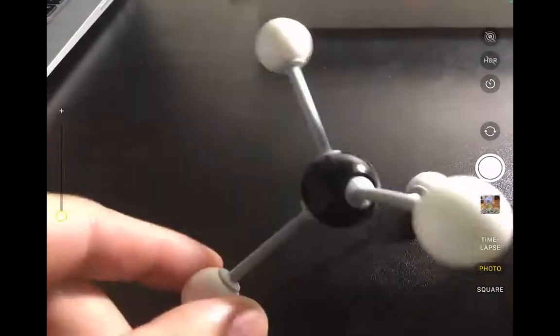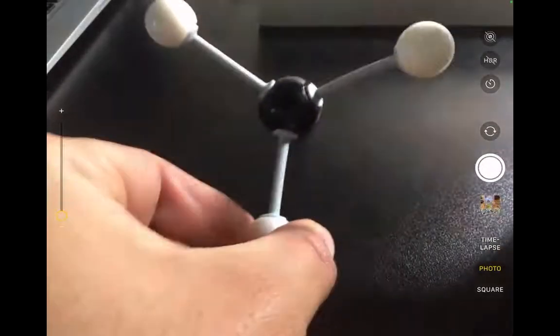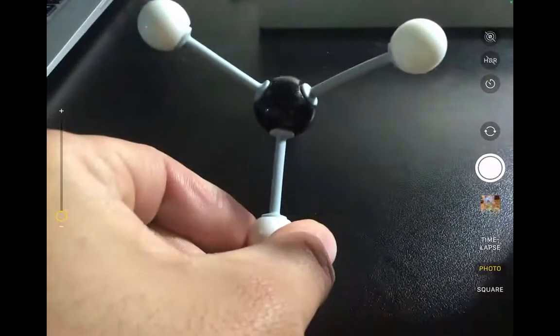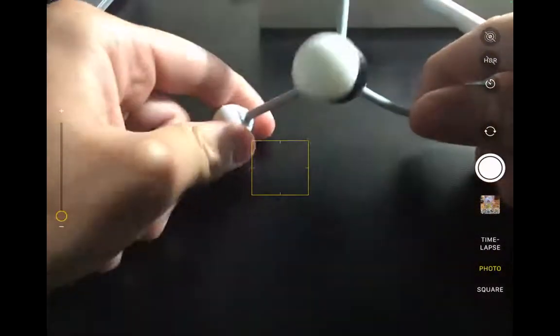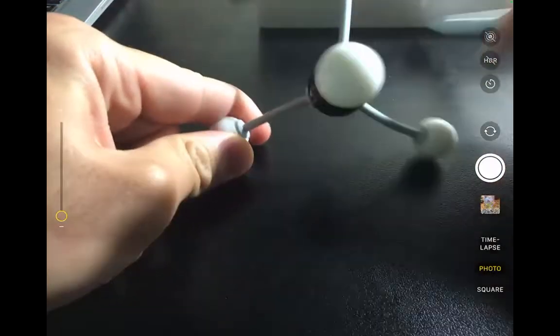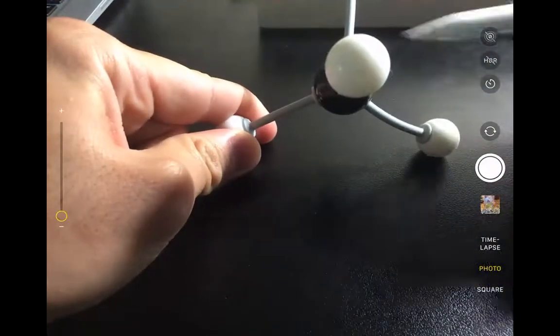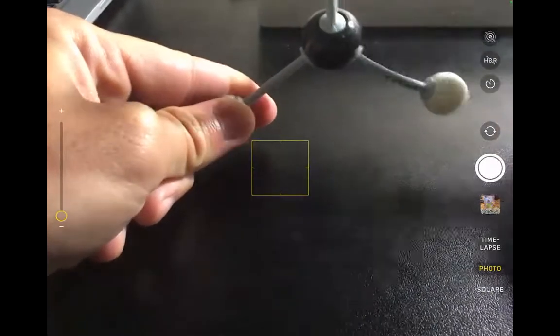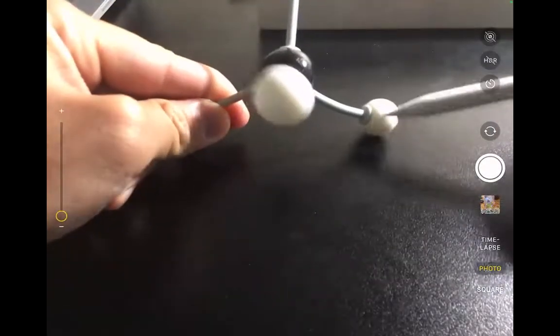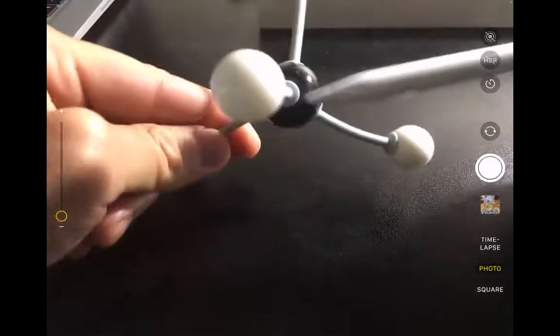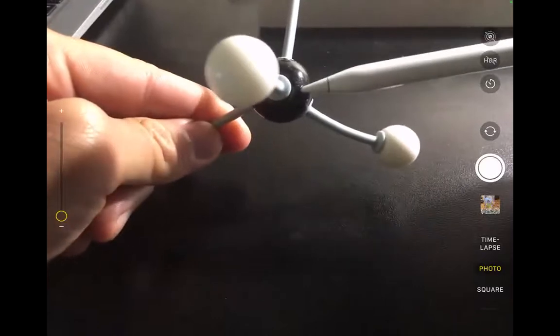If I were to rotate, I'm going to keep my conformation and rotate. So notice how under this perspective, all three of these hydrogens are slightly behind the plane of this carbon.